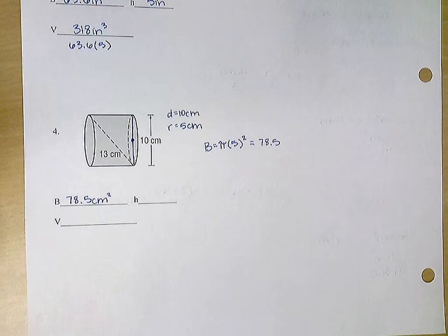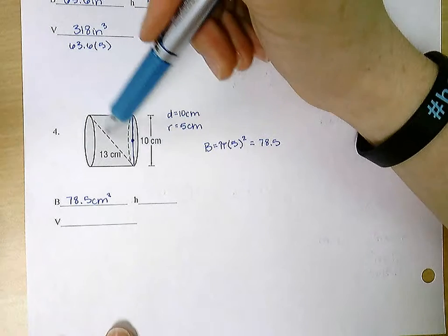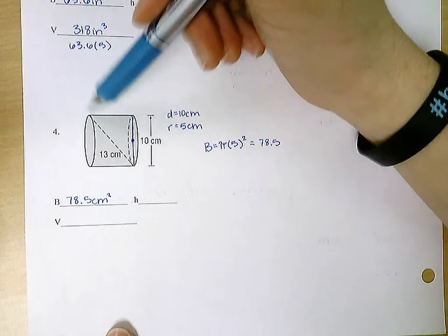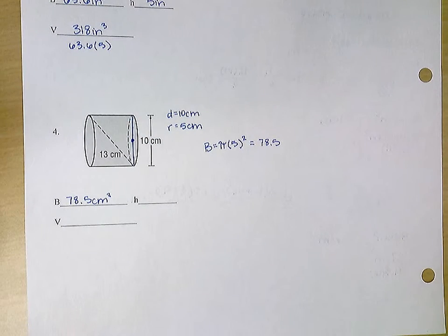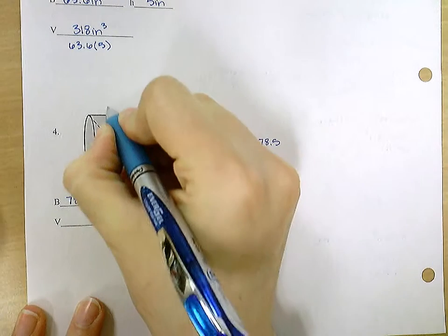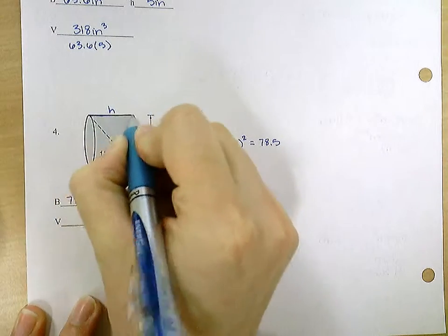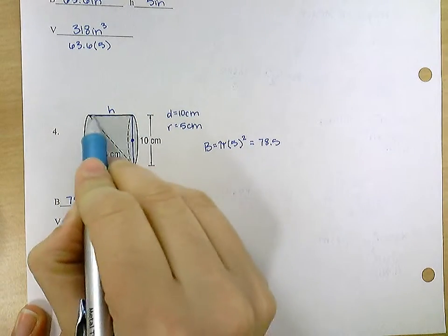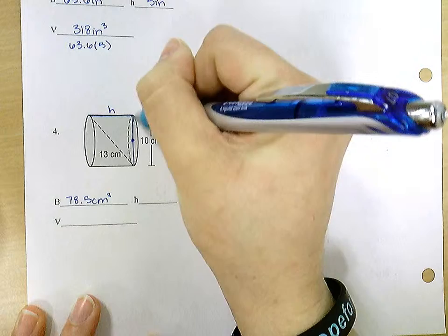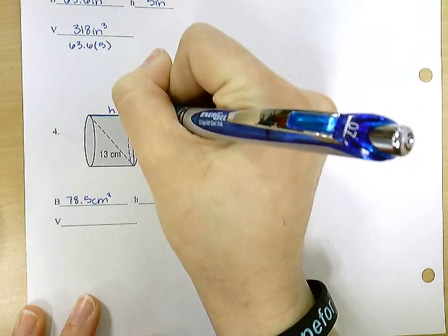Next I need the height. I'm not given the height. 13 is not the height of the cylinder. Your height has to be perpendicular to the base. That means this length right here is the height, since it is perpendicular to that circle.